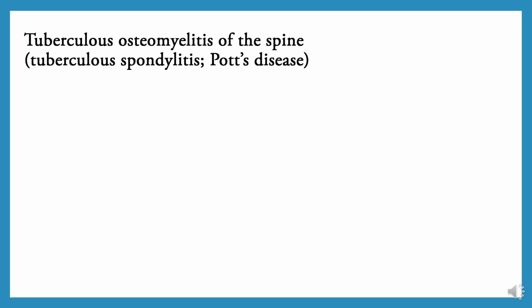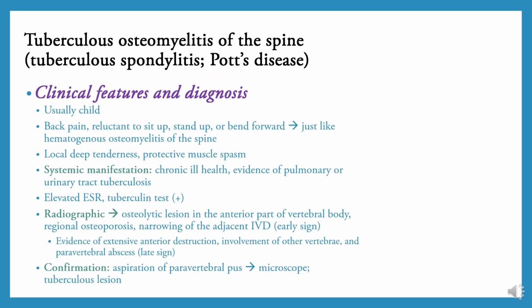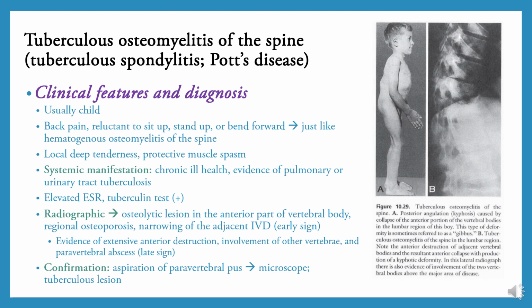Pott's disease, in clinical features and diagnosis, usually happens in children. Back pain, reluctance to sit up, stand up, or bend forward, just like the hematogenous osteomyelitis of the spine. Local deep tenderness, and also protective muscle spasm.